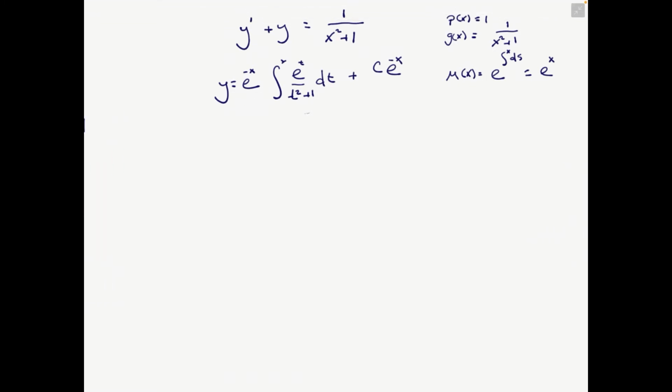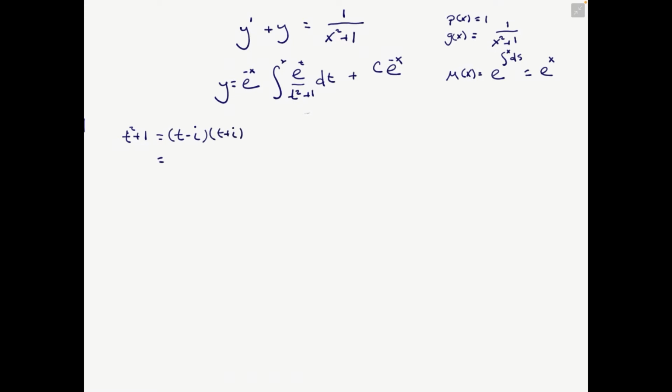So there's another approach we could try. We could use partial fractions. So we have t squared plus 1. Okay, how do we break that up? Well, we could say that's t minus i times t plus i.